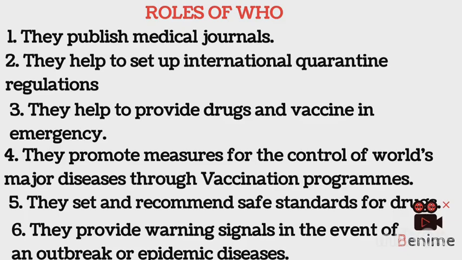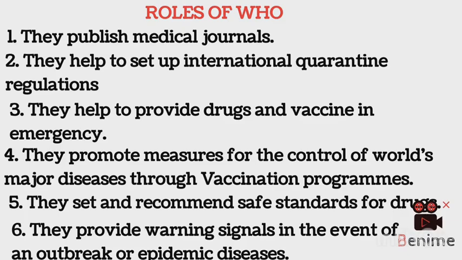Number six, they provide warning signals in the event of an outbreak or epidemic. So in cases where there is an outbreak of disease or an epidemic, the role of WHO is to send warning signals out to the public on how to prevent the diseases from entering their own territory or their own country.